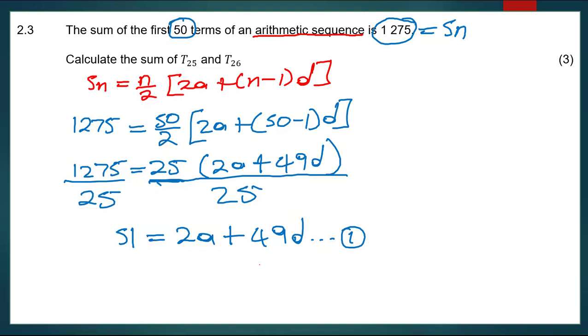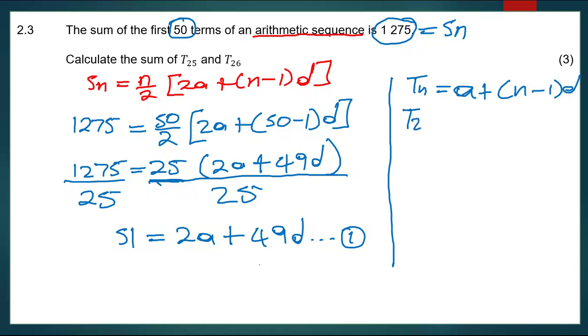As a matter of fact, I don't have space here. I will simply write the 25th term and the 26th term. To find the terms, I'm going to use the general term for an arithmetic sequence.